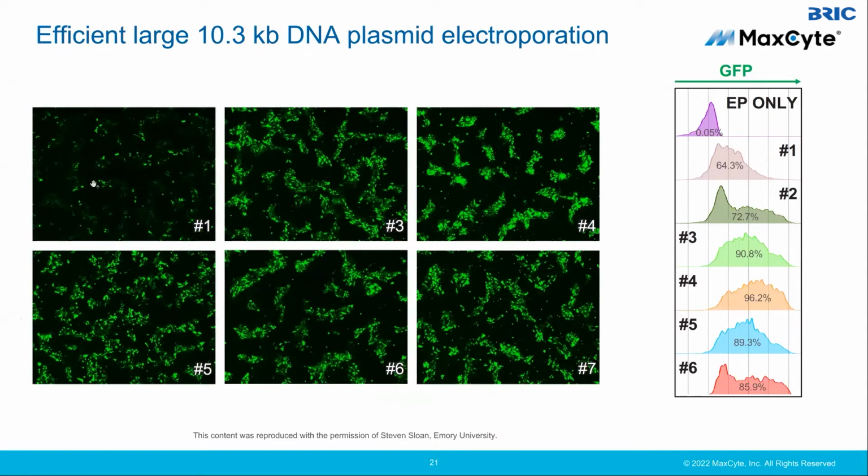So the protocol that was used for the smaller DNA, that's number 1 here, gives like 64% expression. But we really had to revamp parameters, and we found with newer protocols that we can get up to 96% expression of even large DNA. So we have tweaked protocols to efficiently deliver larger DNA as needed.